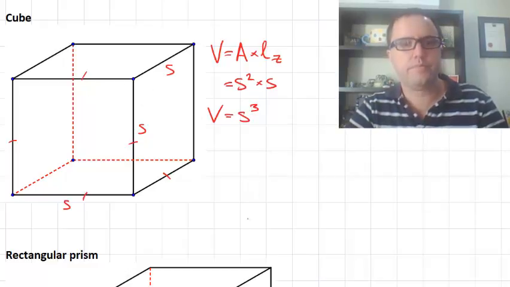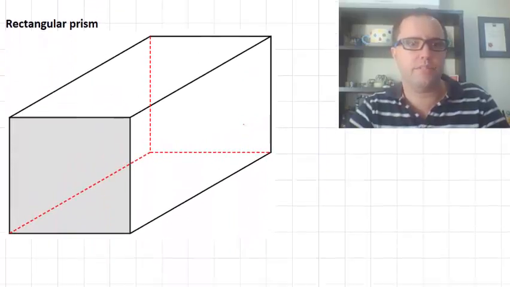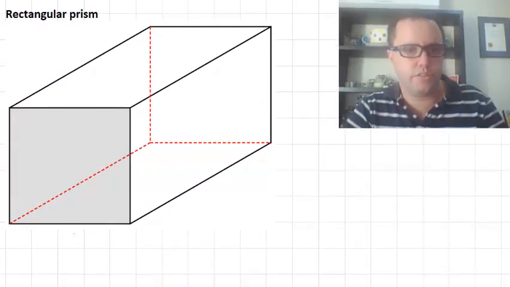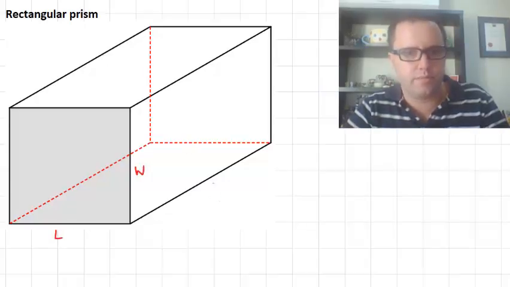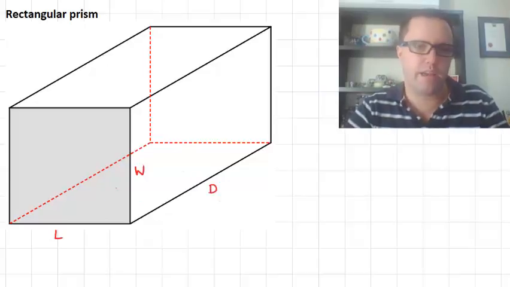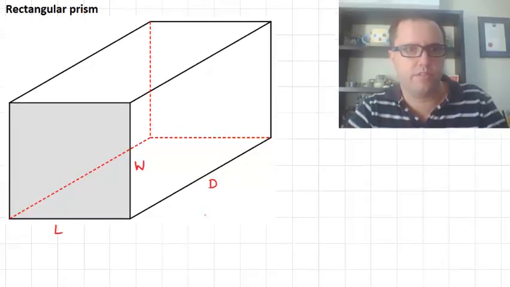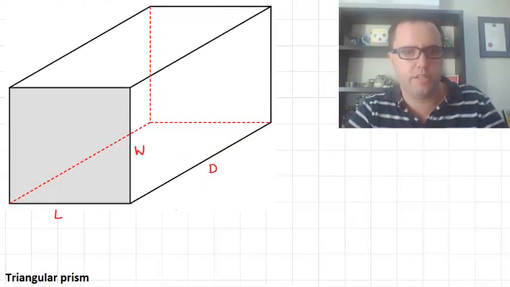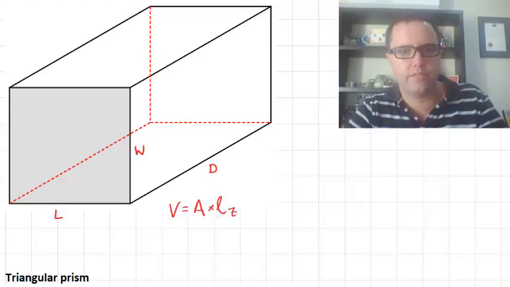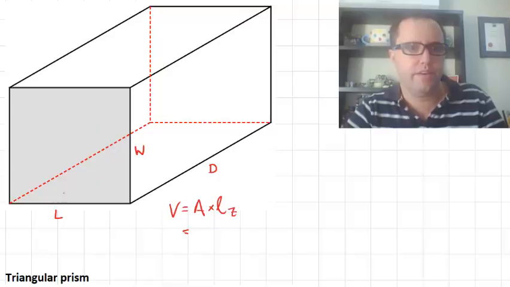All right, our rectangular prism. Now usually we're going to go length times width times depth or height, doesn't really matter how you go with it. So if our volume, as we've been using with our generic formula, is equal to the area times that projected length, our area of this front piece here is going to be this length times this width.